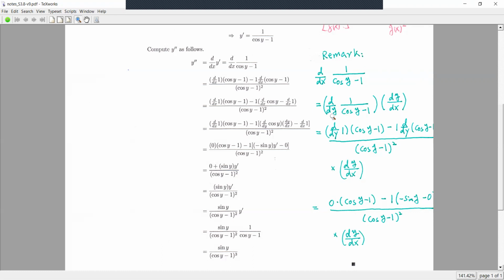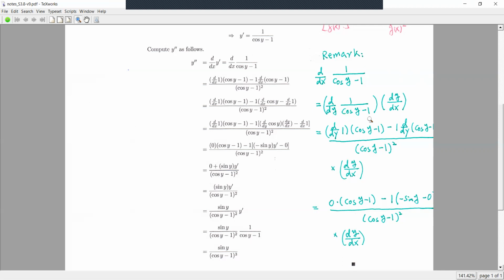To compute this derivative, 1 over cosine of y minus 1 with respect to y, in this derivative the y now is considered to be an independent variable.